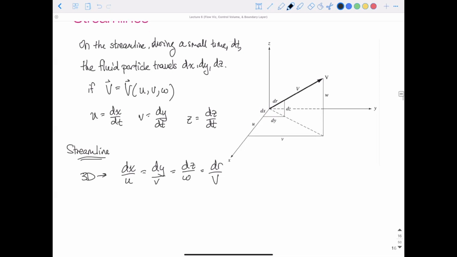So this would be 2 dimensions or 3 dimensions. And then if we had a 2-dimensional problem, we only have x, y, u, and v. So we can write dy/dx is equal to v over u.